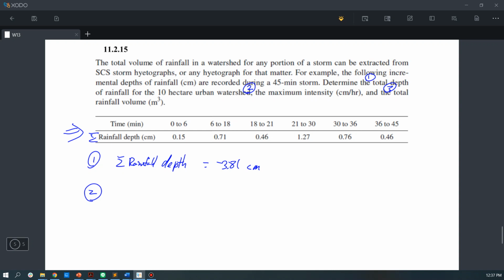For problem 2, we want to calculate the maximum intensity, so we can calculate the intensity for each interval. And the intensity's formulation is delta P, which is the rainfall in that certain interval, divided by the length of that interval, delta T. So the delta T here is 6 minutes.